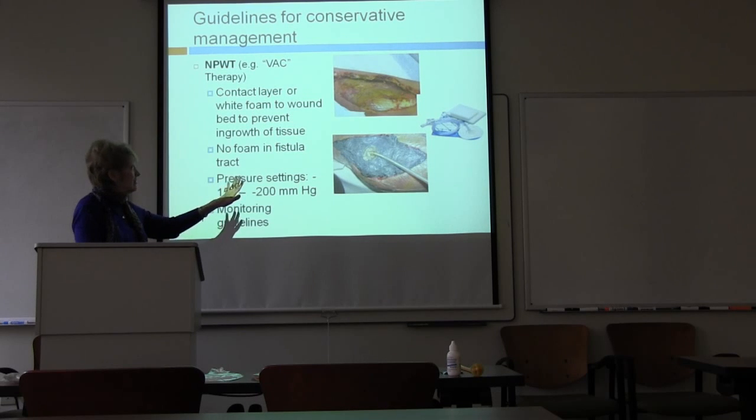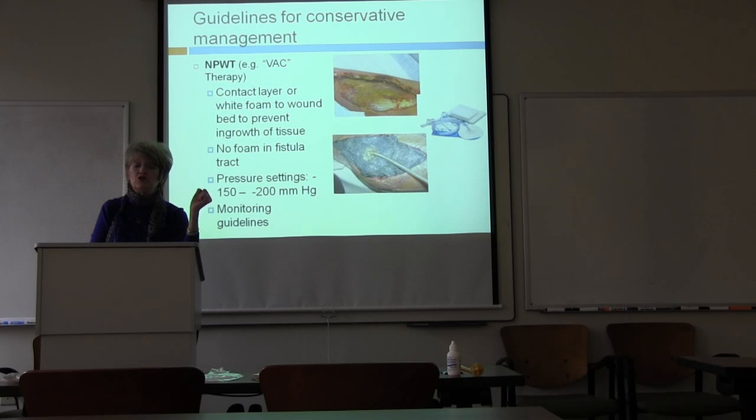So you put down the appropriate base layer, then you put your black foam on top, and then you regulate the pressure setting. Typically we start at -150. And what are we looking for? We're trying to collapse the fistula tract. So we look to see, are we still getting small bowel fluid going through the tubing? If I start at -150, I come back a couple of hours later, and I've still got small bowel contents running through the tubing, I'm going to go up to -175.